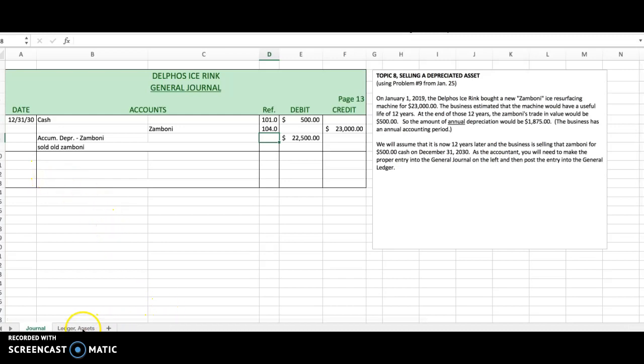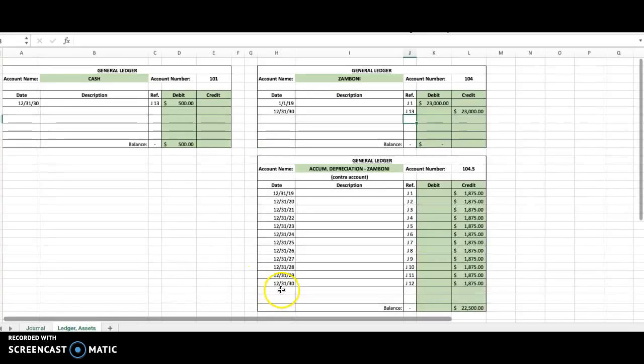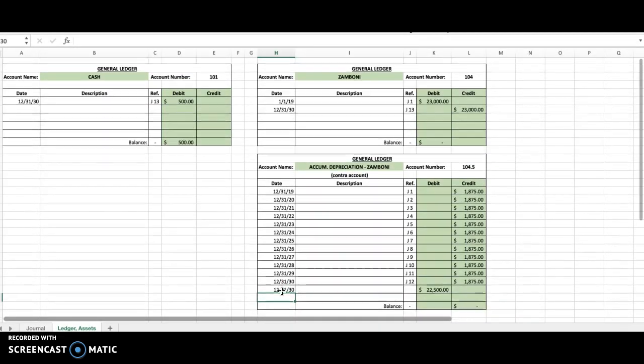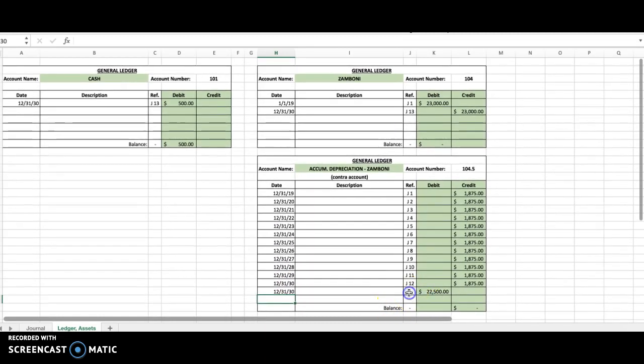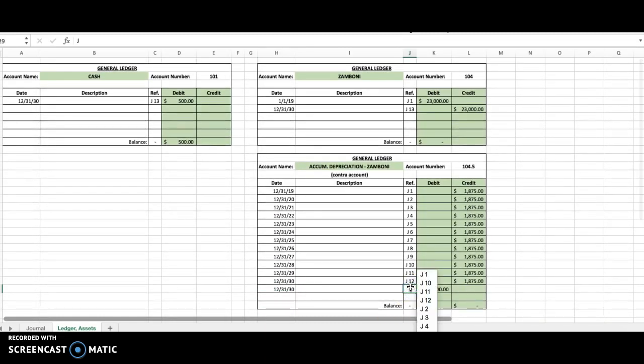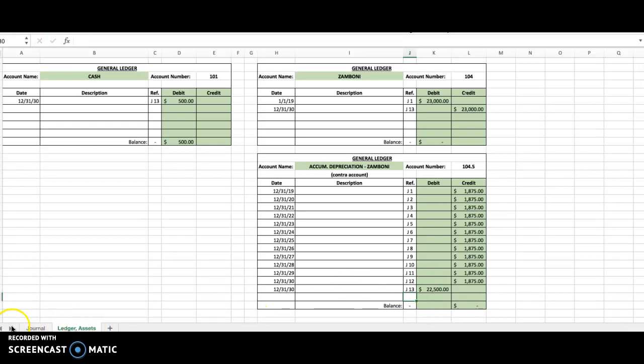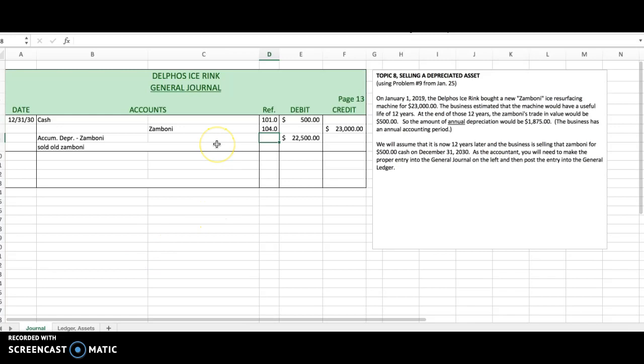Accumulated depreciation is debited by 22,500. So we put the date again. And that account now has a 0 balance. It has been closed. And J13, and this is 104.5, which goes back to the journal.